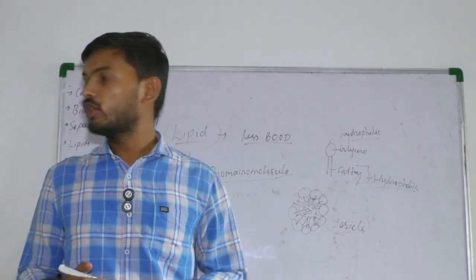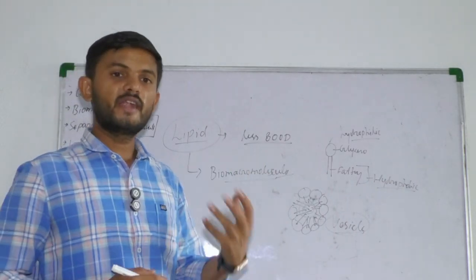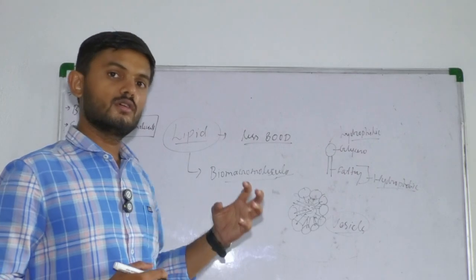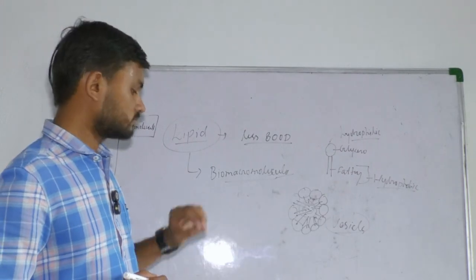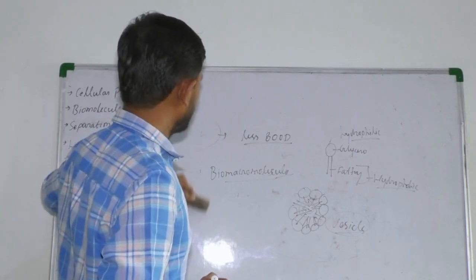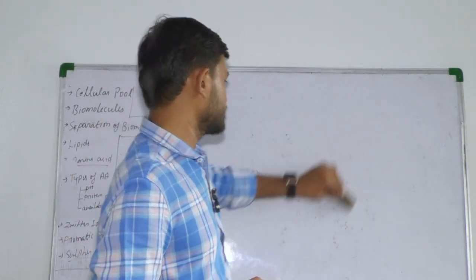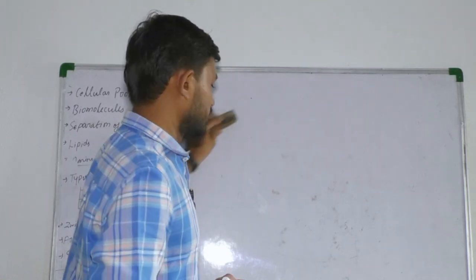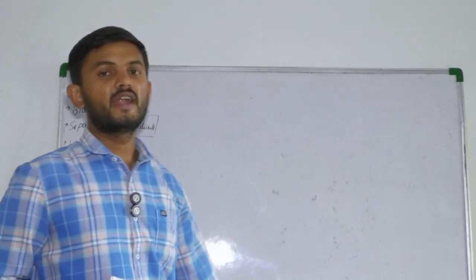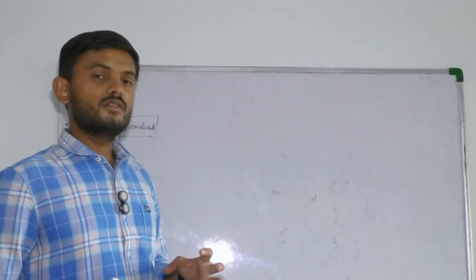So when lipid molecules make a vesicle, they lie in the acid-insoluble retentate pool and do not mix in the acid-soluble pool. So lipid is the exception of this separation technique, because lipids make vesicles and these vesicles do not pass through the cheesecloth, and that's why they lie in the acid-insoluble pool.